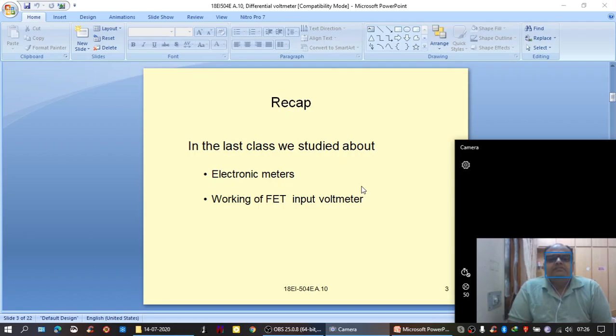Electrical measuring instruments are also called as VOM meters, volt ohm meters. Then, electronic instruments are broadly classified into transistor type electronic voltmeters, that is TEVM, and FET type electronic voltmeters, FET EVM.